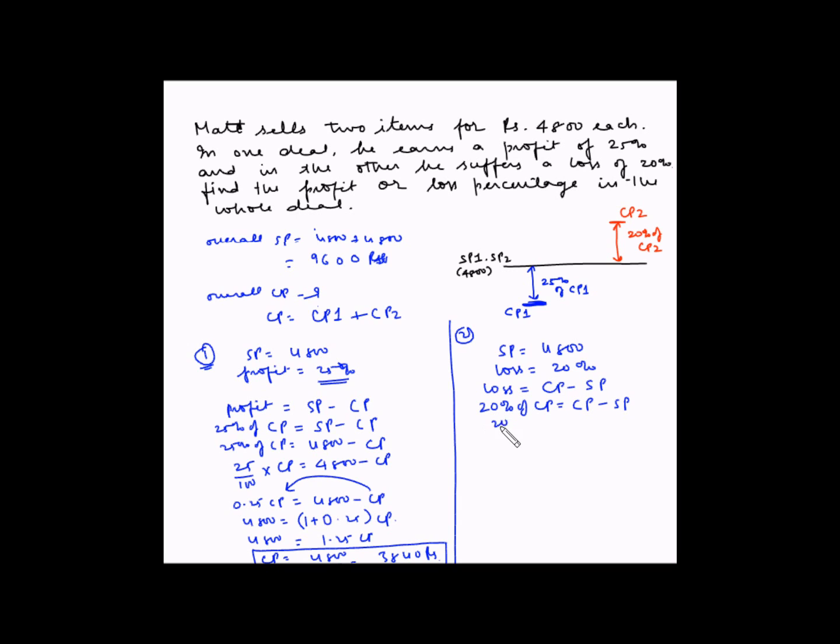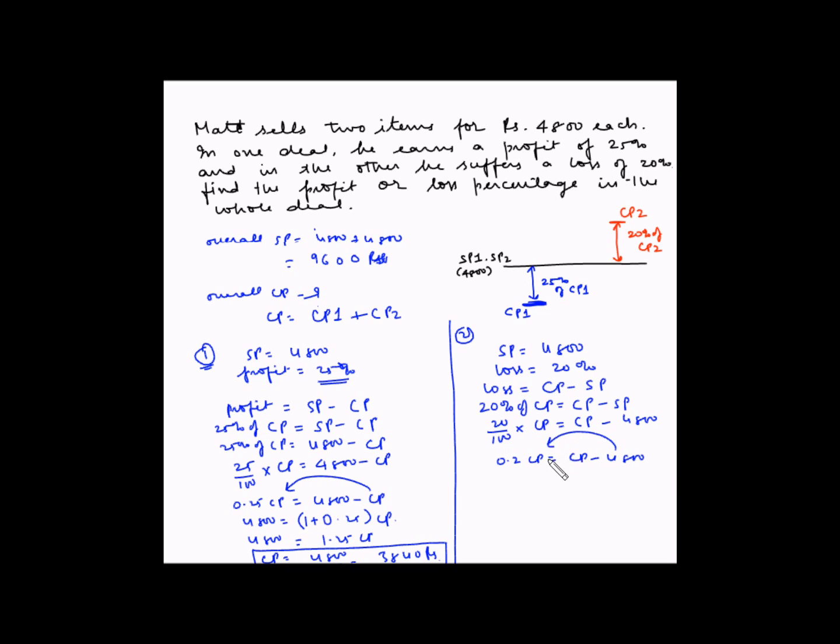So this is 20 by 100 multiplied by CP, and this is equal to CP minus selling price, which is 4800. So 0.2 CP is equal to CP minus 4800.